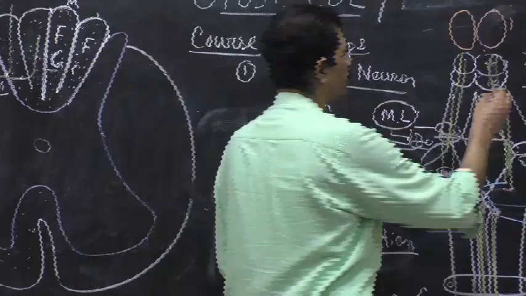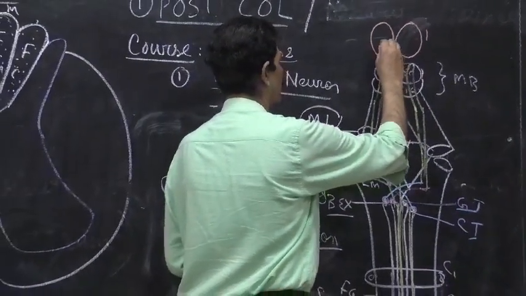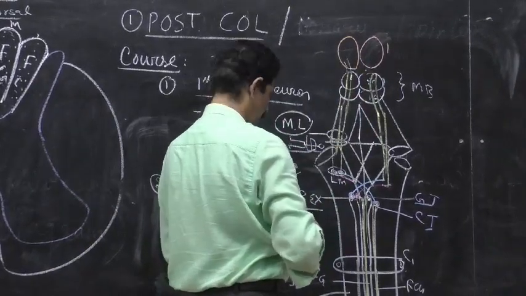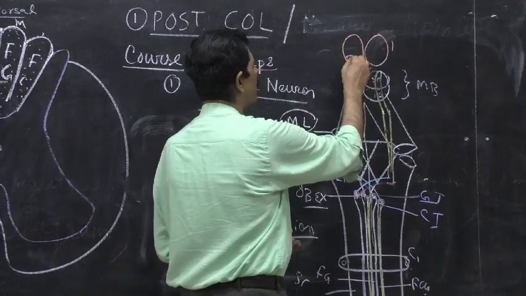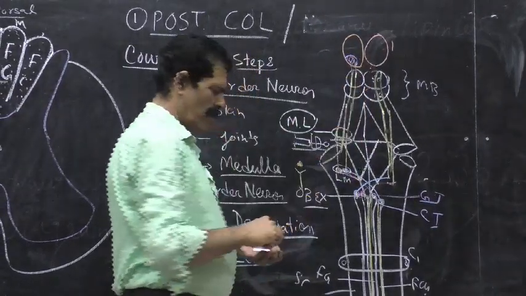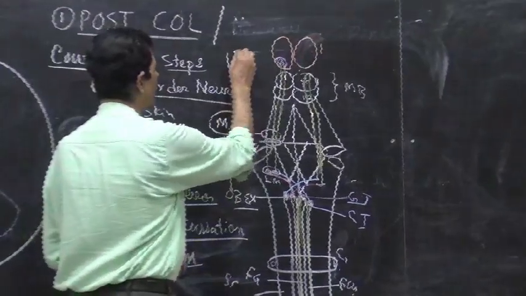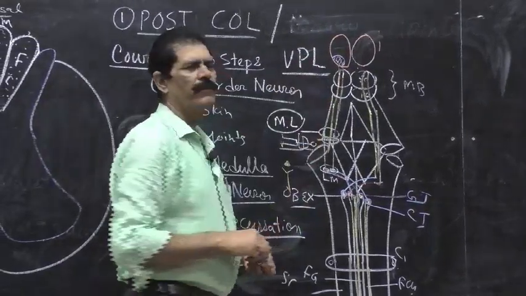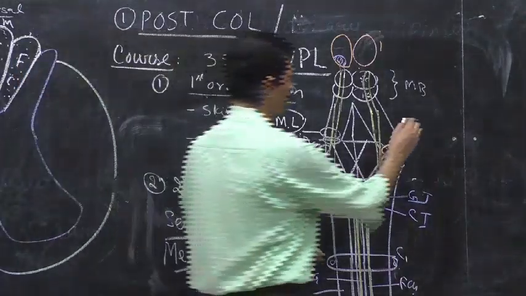So now these medial lemniscus fibers relay in a nucleus. There are so many nuclei you have read in the thalamus. But always remember, never forget only one nucleus, VPL. VPL is the ventro-posterolateral nucleus.